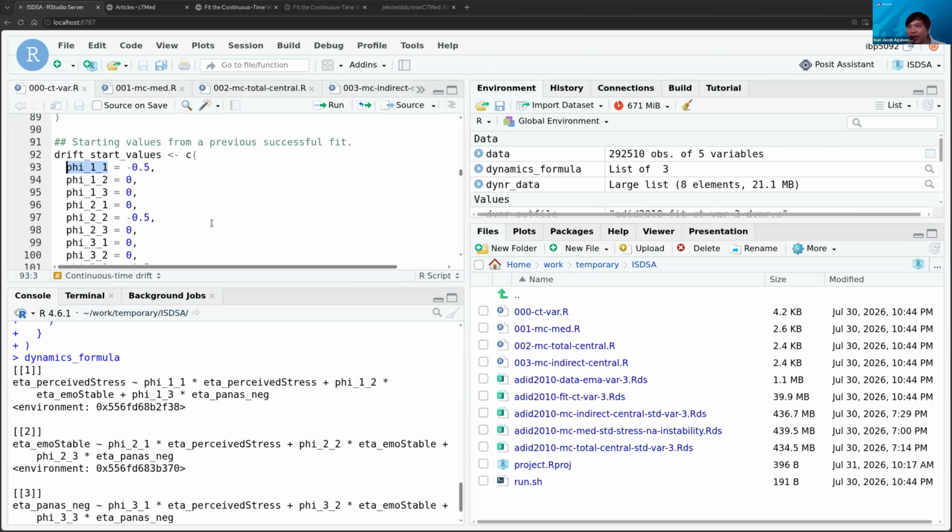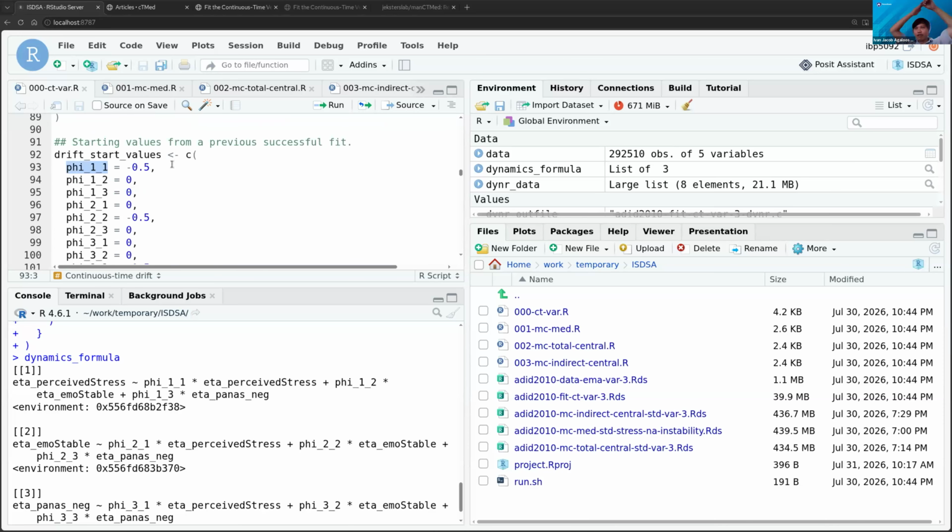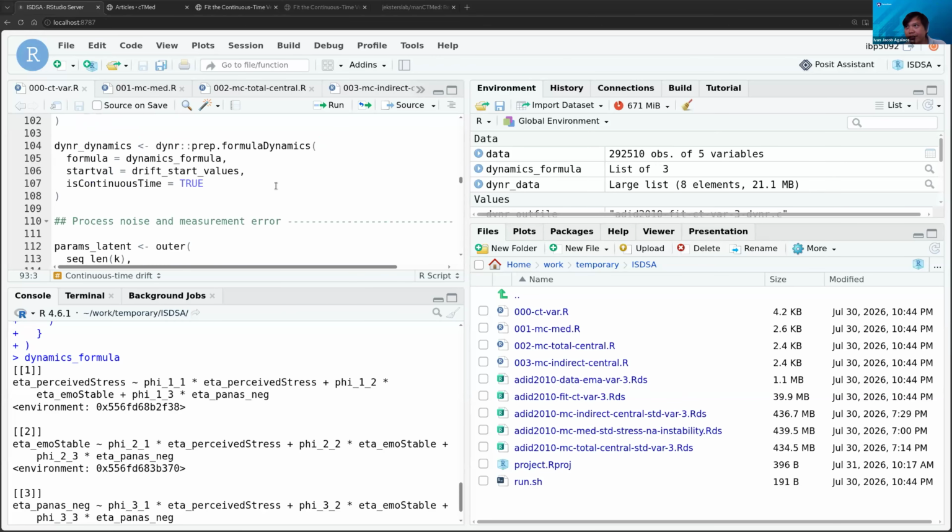Okay. In the way I parameterize things, the auto effects I specified as negative. So instead of multiplying by a negative value, it's just negative for me. The cross effects are also just negative for this particular specification, but you can also do it either way.